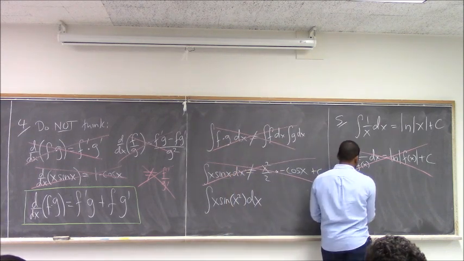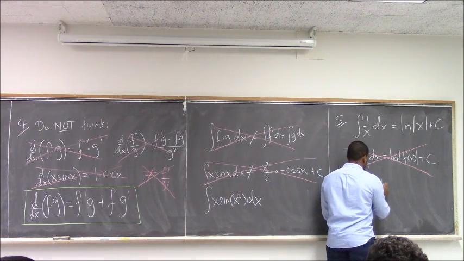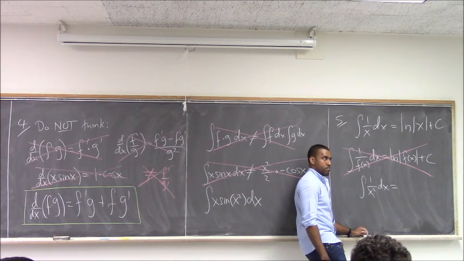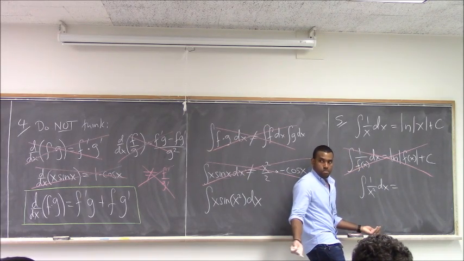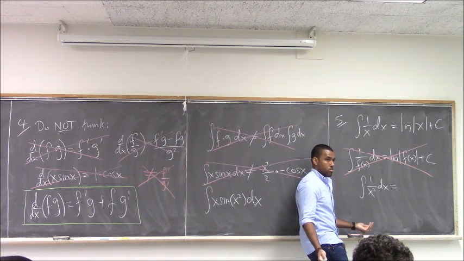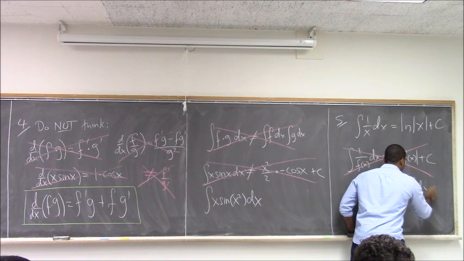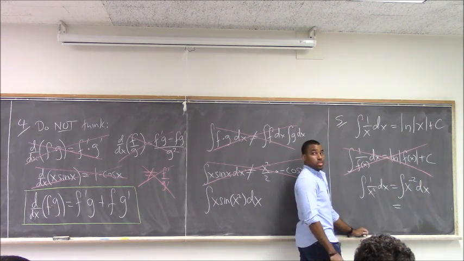So if I had 1 over x squared, how would you integrate that? Integrate x to the negative 2. You raise x to the negative 2. Again, you're taking too long. Then what?